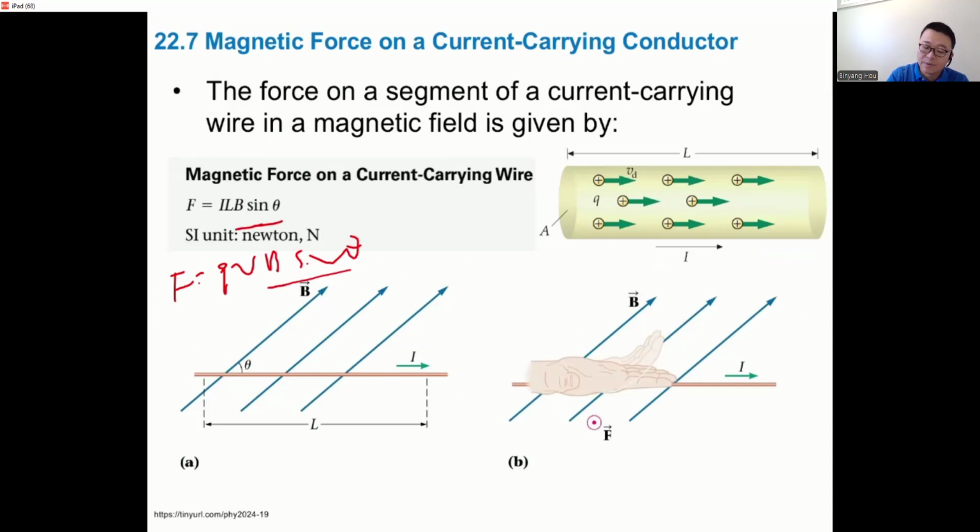No worries on that. But in IL, I is actually Q over T, right? And then times L. If we do L over T, then that's V. So they are pretty much the same thing, except that QVB sine theta is for a single charge, while here the current comes as a result of those multiple charges. But it's ILB sine theta in that case.